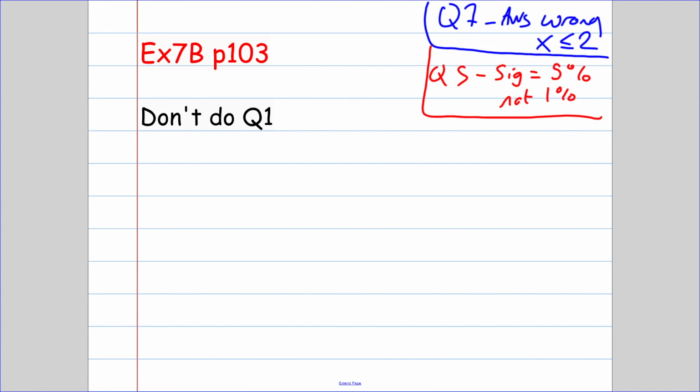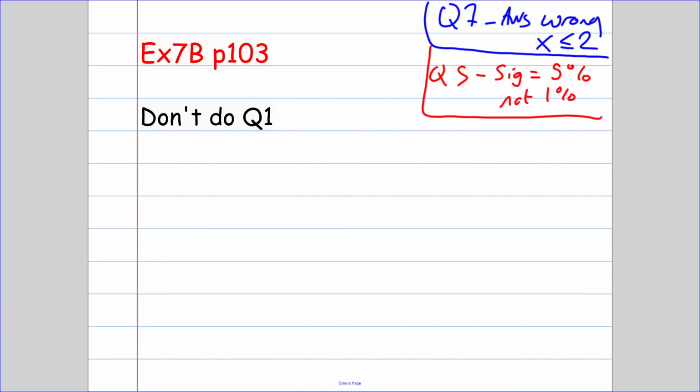I'd suggest not doing question 1, but starting on question 2. There are a couple of other questions that have incorrect answers or incorrect significances. If you've got the old version of the book, or if the online version of the textbook happens to have the old questions or the old answers still in it, you need to make sure you're looking at these. For question 7, the answer is wrong. It should actually be x is less than or equal to 2.